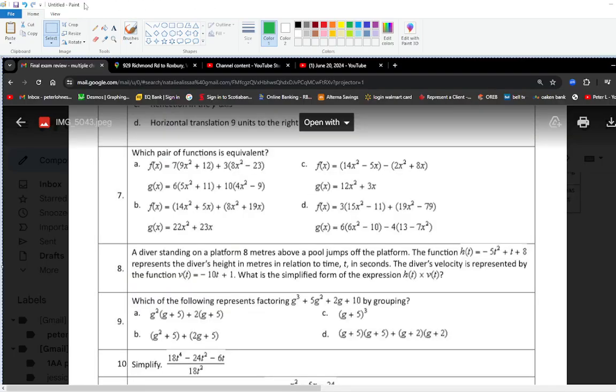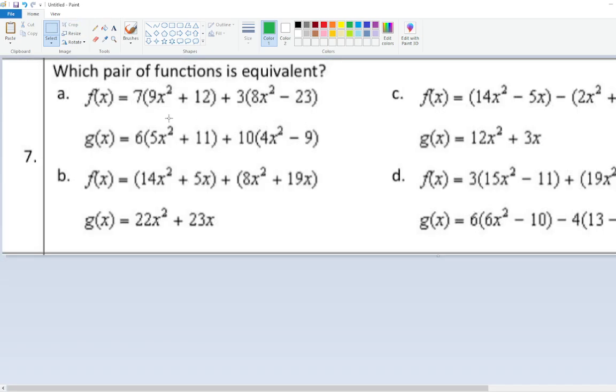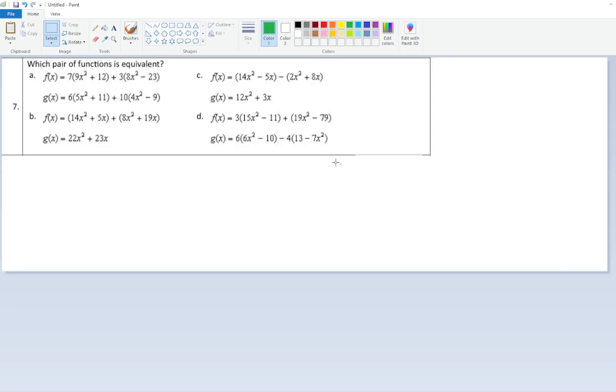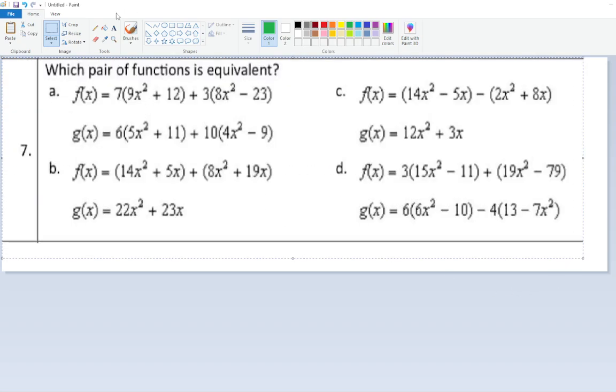Which pair is equivalent is the next one. And here we go. The only way to do this is to expand them out. Now, there is a little trick. You can expand just the numbers out and see if they match.